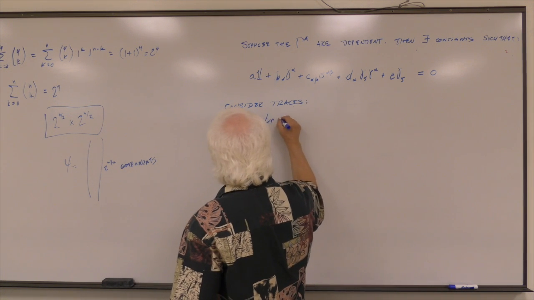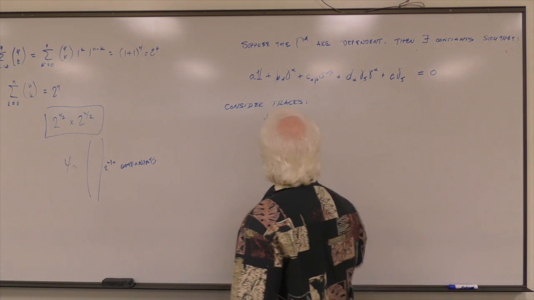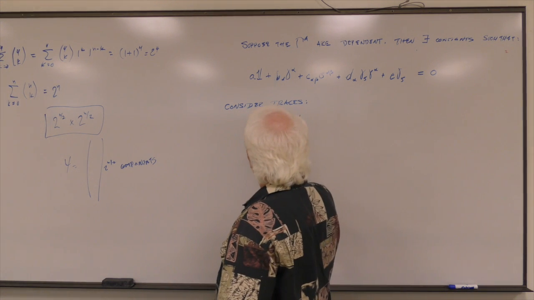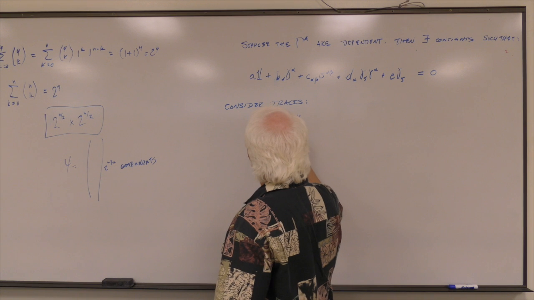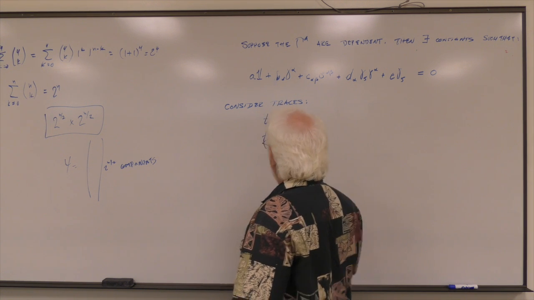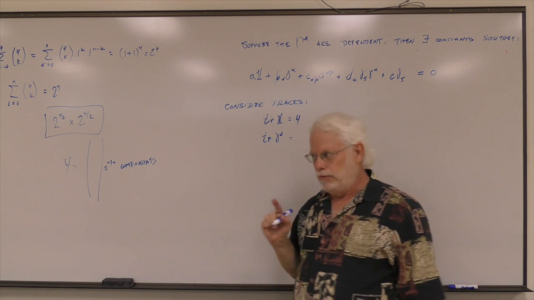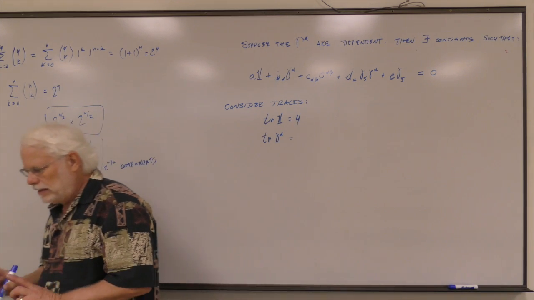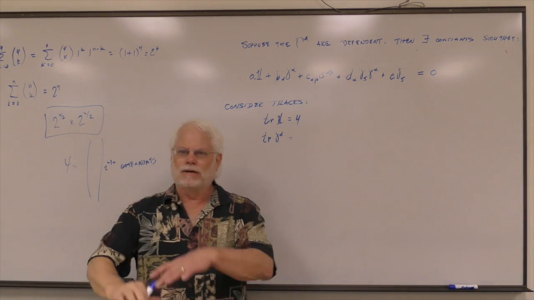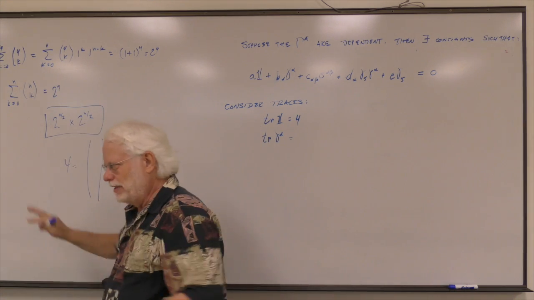So we know that the trace of the identity is 4. No problem with that. The trace of gamma alpha, let me do this two ways. Remember what I'm doing here: this result is true, they're independent.